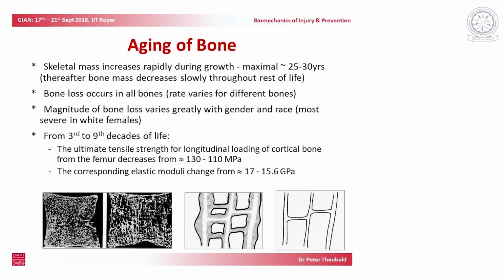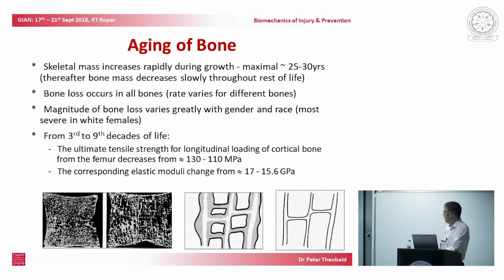So from your 30s until, if you do have the good fortune to extend to your 90s, our bone reduces. And it's not just the cancellous bones and the osteons of the cancellous bones. It's also the cortical bone as well. And that's the outside bone that is, in essence, the mechanical, that takes a high proportion of the mechanical load.